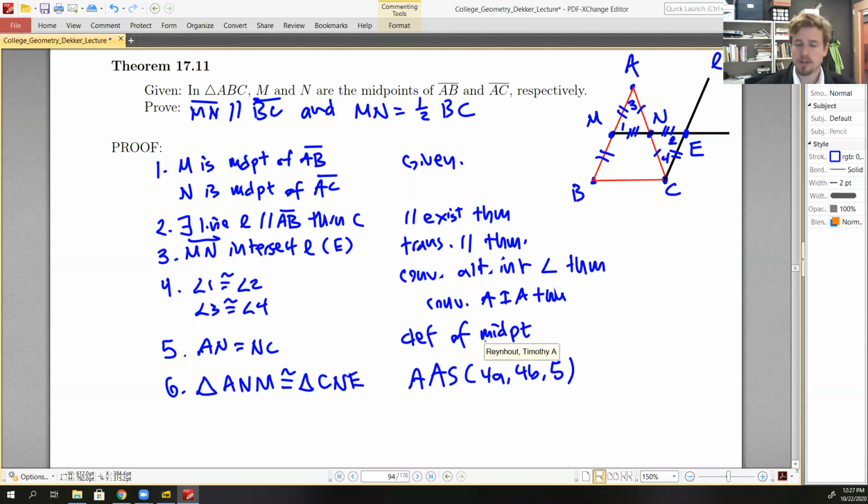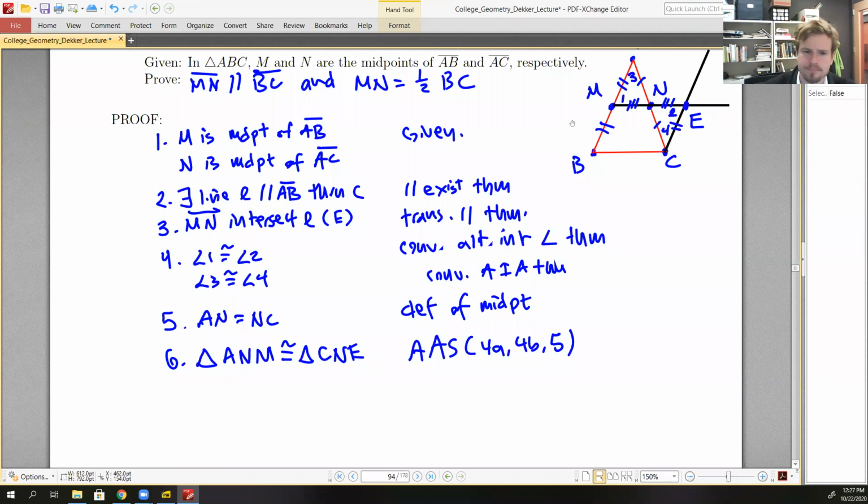All right, so we have congruent triangles. Well, what did that tell us? That told us that CE is equal to AM.